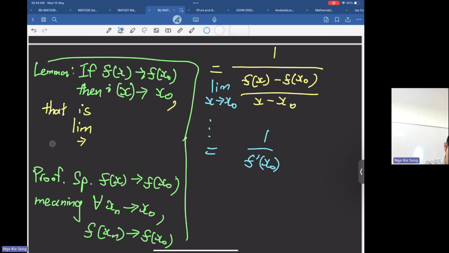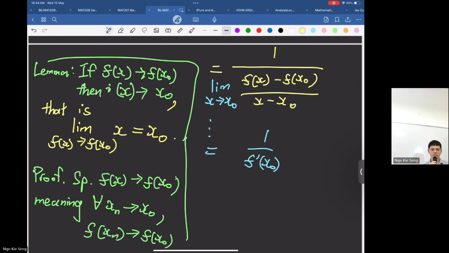If we have f(x naught), then the limit of x is equal to x naught. Yeah, I think this refers to the identity function here. Otherwise, it doesn't quite make sense.